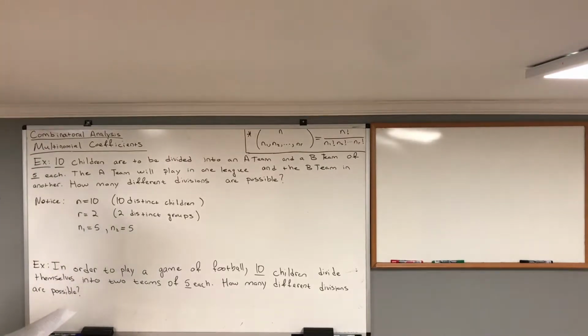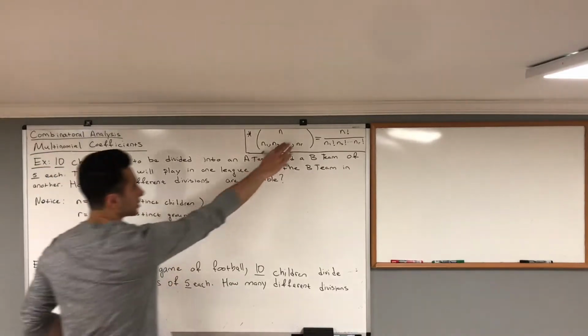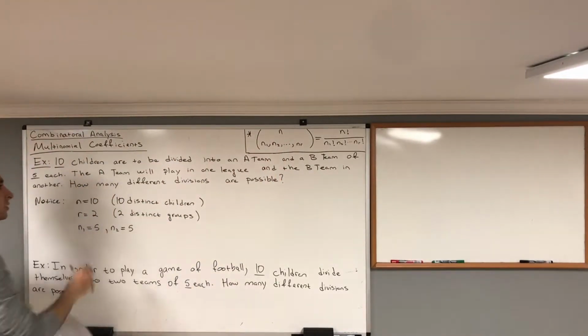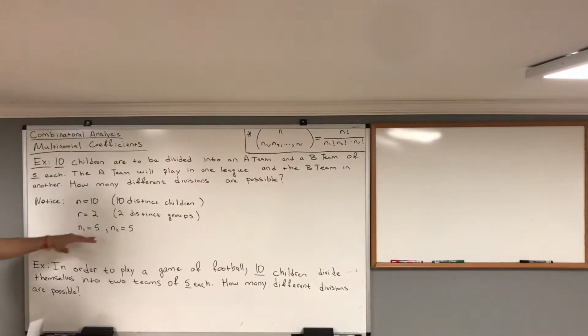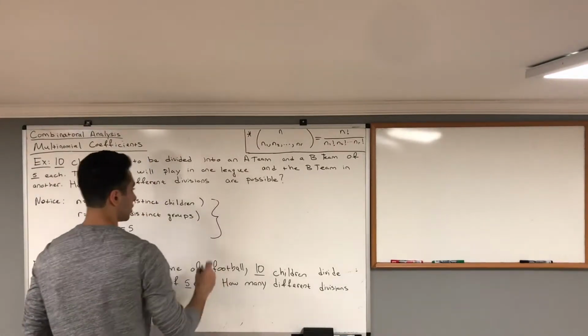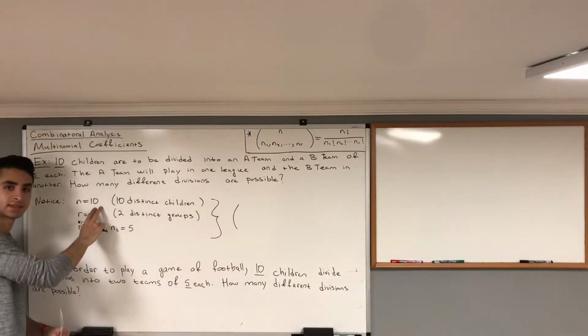Okay, and that's all we need to solve the problem, right? Because look up here, I filled everything out I needed. R just lets me know how many n1s, n2s, n3s I need. So, knowing this, on top I have my n. So n is 10.